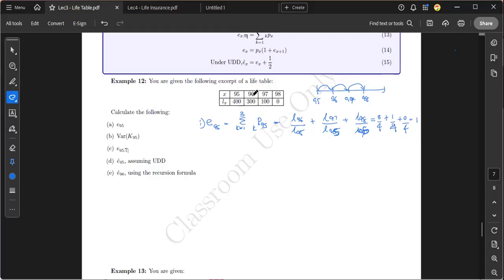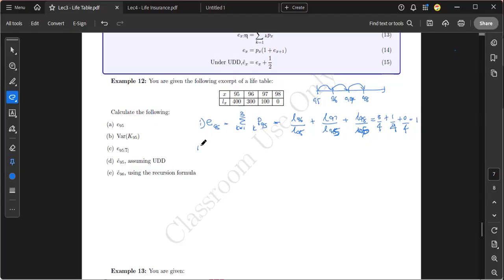And going from 96 to 97, we experience 200 deaths. And from 97 to 98, we experience 100 more deaths. Eventually the number of survivors at age 98 is 0. That means, on average, a person in this group can survive for one more year.